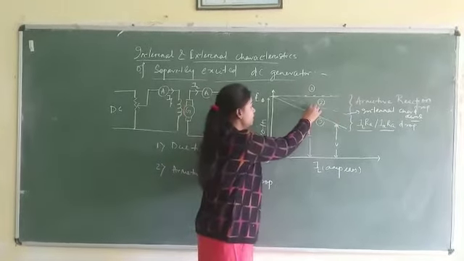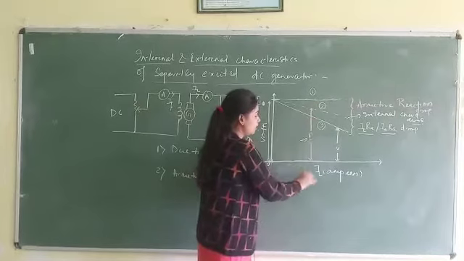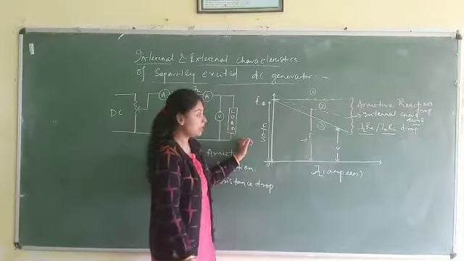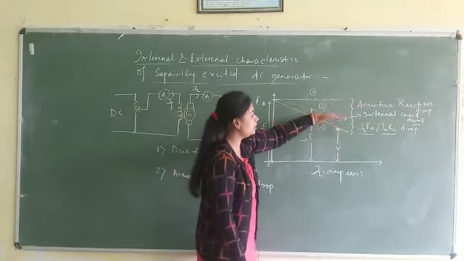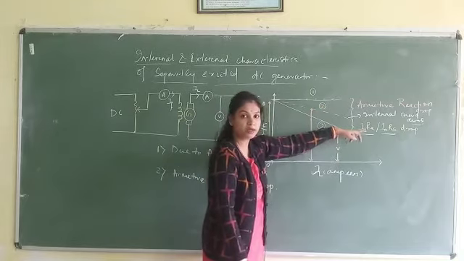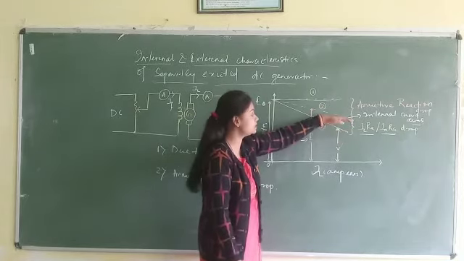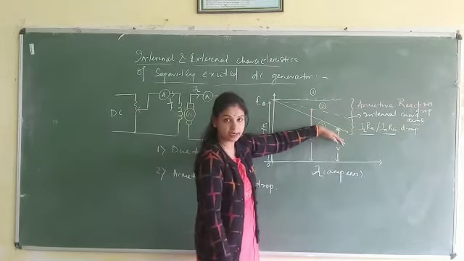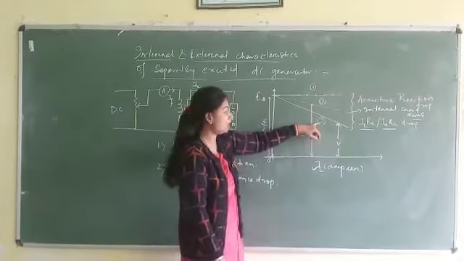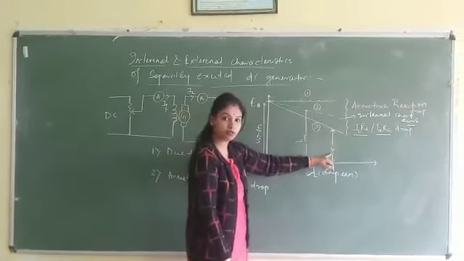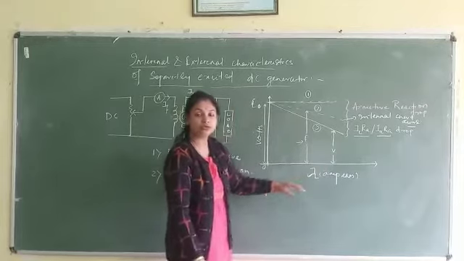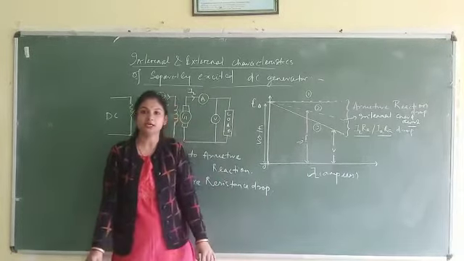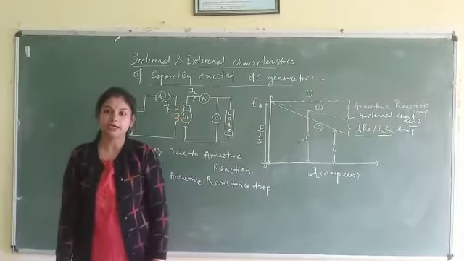This is represented between the load induced EMF and the load current. And again, if we add the I_L R_a or I_a R_a drop, that is the drop due to the armature resistance, then we get the external characteristics, curve number 3, between the terminal voltage and the load current. So this is all about the internal and external characteristics of a separately excited DC generator.